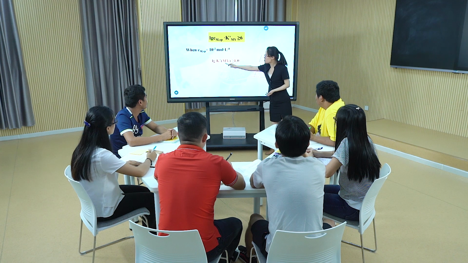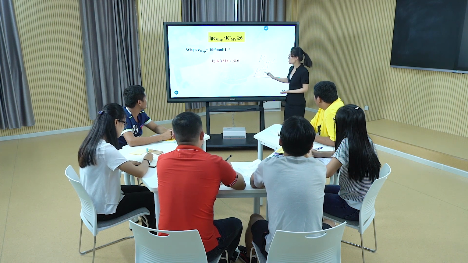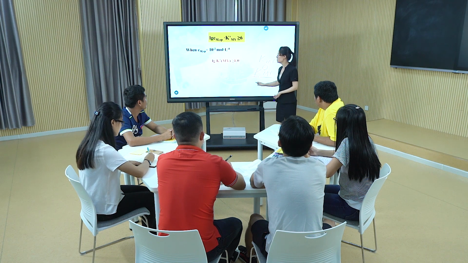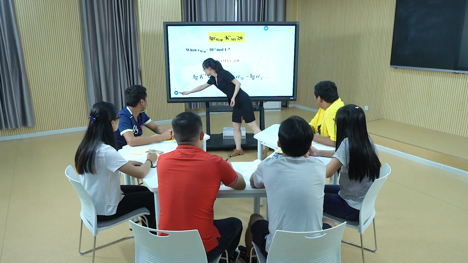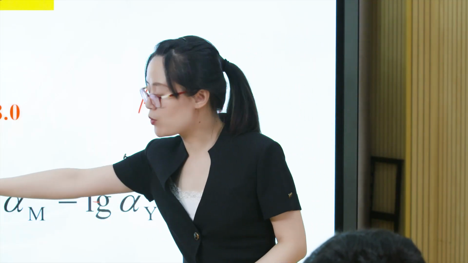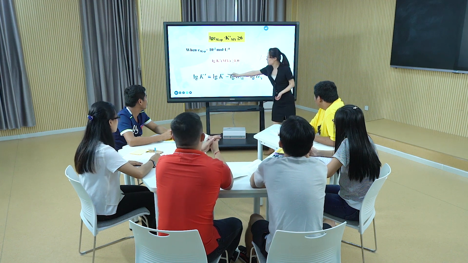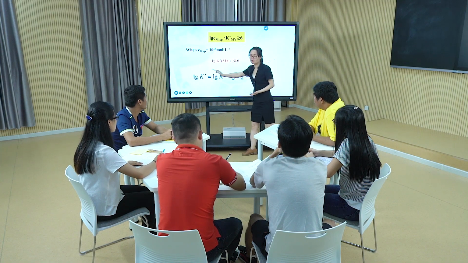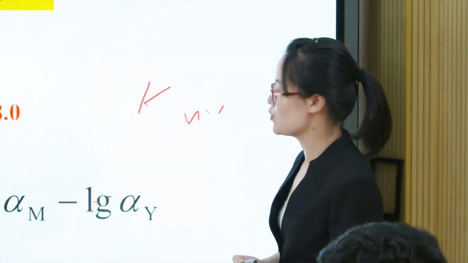So this comes to the question of how to calculate the conditional formation constant. We know that log K prime equals log K minus log alpha_M minus log alpha_Y. Log K is the formation constant, and K prime is the conditional formation constant, right?